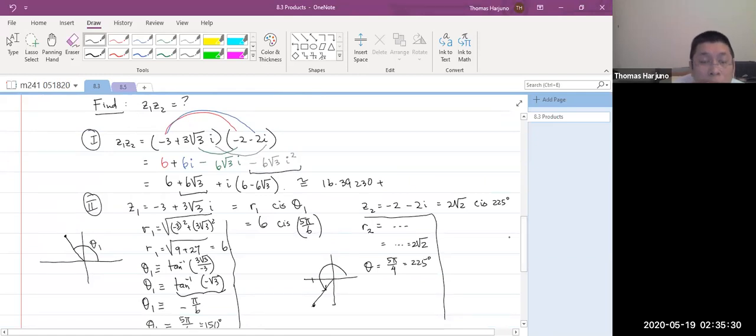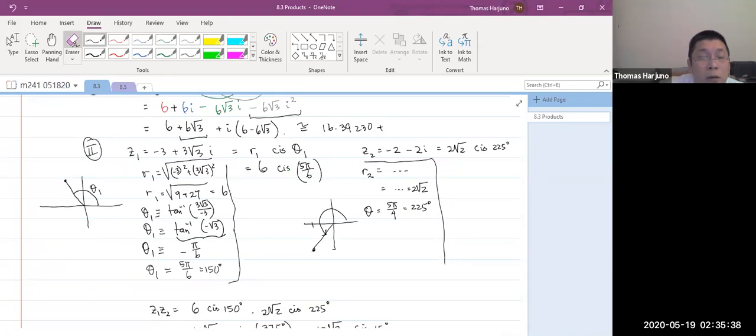Give me a second. Oh, I made a mistake here. Actually, quite a terrible mistake. But this is true though. I'm sorry, this is supposed to be 2 pi over 3. My bad. Good thing I did the checking. This is 2 pi over 3.